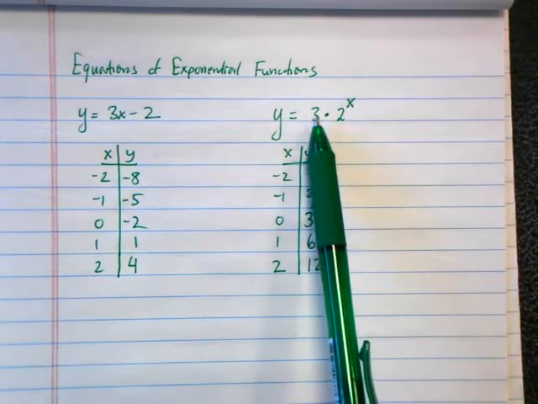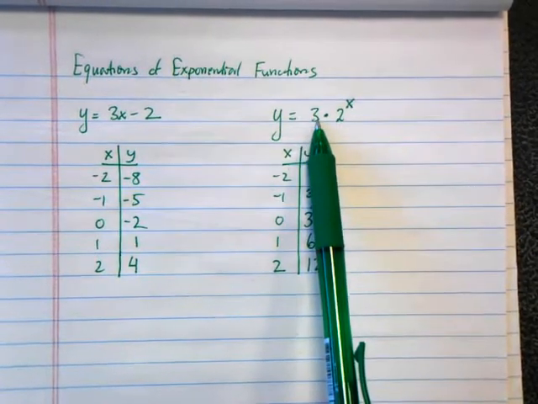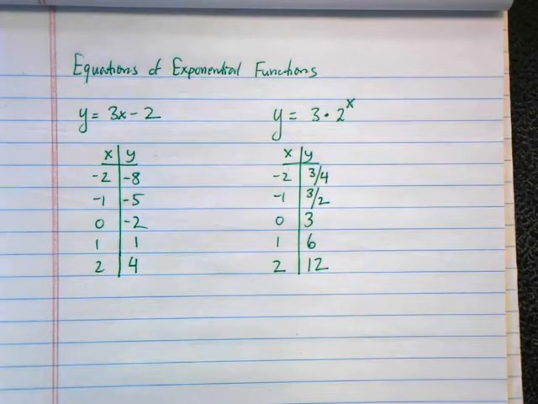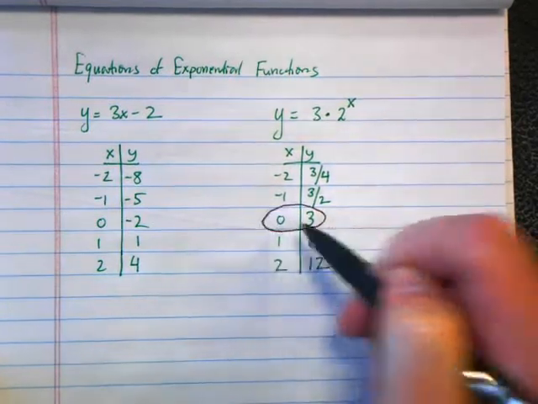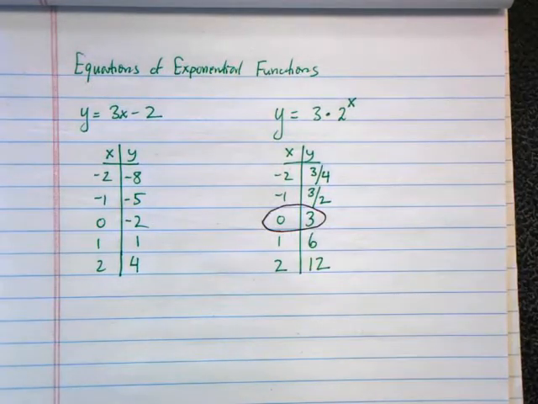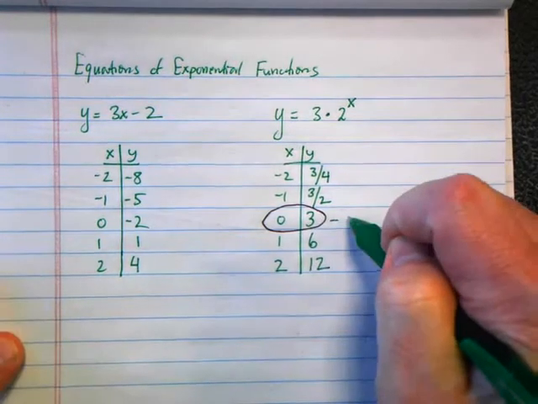This 3 turns out to be something important. What's the 3? That number 3 showed up right here in the table. What's that point called? That's my y-intercept.